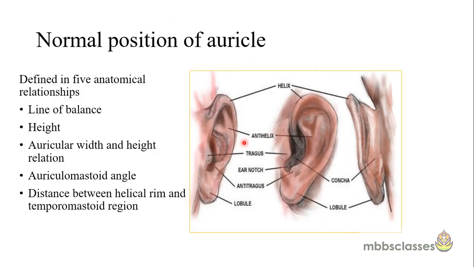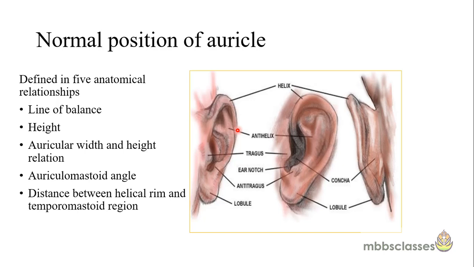So, what is the normal position of the auricle? To define the auricle, there are certain anatomical relationships. It comes into help when we are doing the clinical examination of a patient. In the examination of the ear, the first thing we have to notice is the shape and position of the auricle.